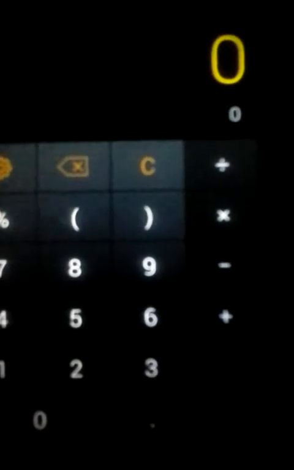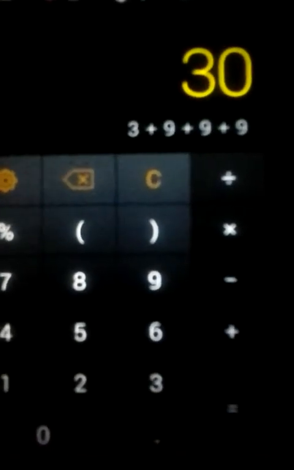So we're going to add it now. 3 plus 9 plus 9 plus 9 gives us 30, correct?